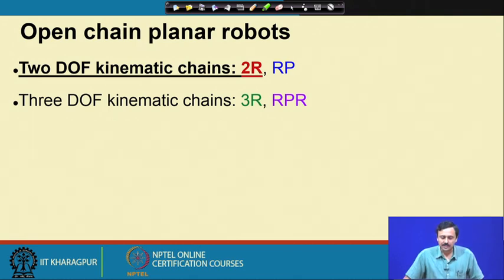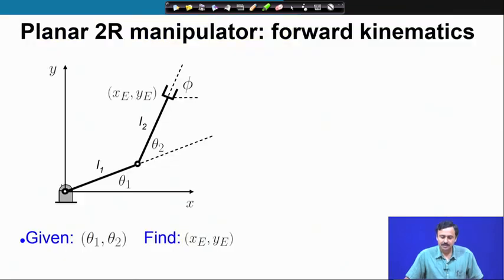So, under open chain planar robots, we are going to look at certain examples. Today, in this lecture, we are going to look at the example of a 2R planar robot. So, this is a 2R planar manipulator.